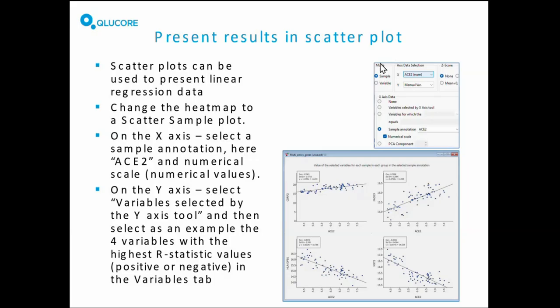And this is how you can set it up. On the x-axis, you select ACE2 numerical value, and then on Y, you simply click on those genes that you're interested in, those with the best correlation value. And then the values are presented in a scatter plot like this.